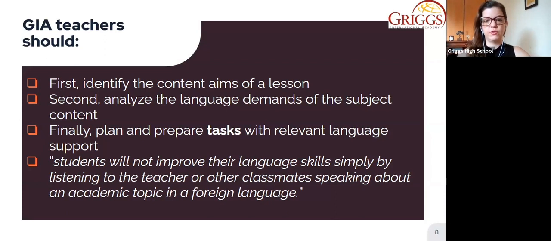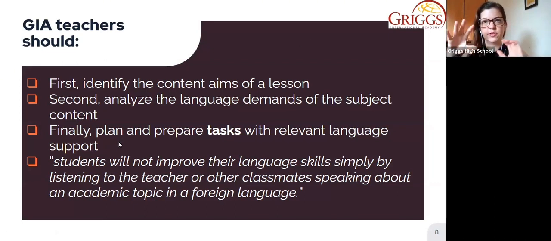If they want to debate something, if they want to write about something, they need to have the proper language to do that. So what are the language demands of this content? What is the vocabulary that I need to teach? What are the sentence structures that the students need to practice in order to be able to produce in this content?